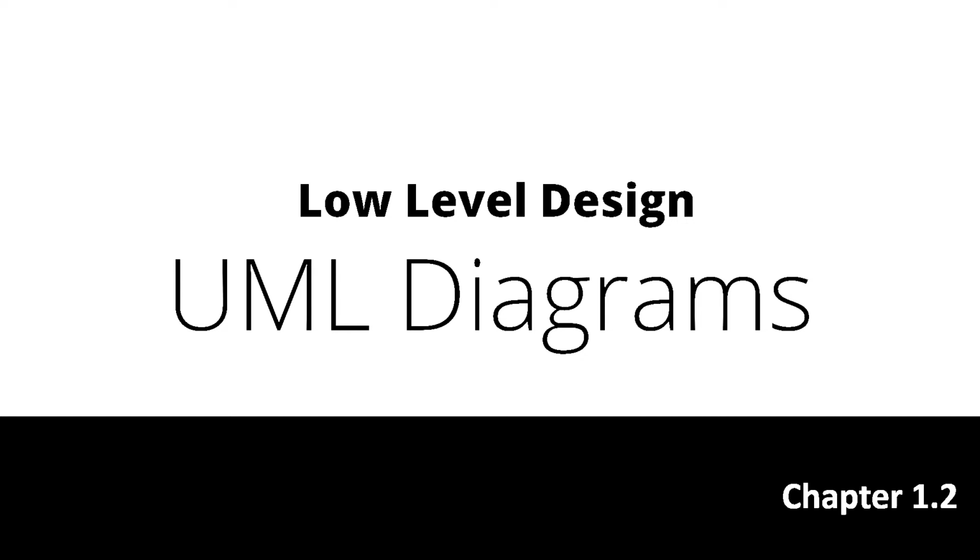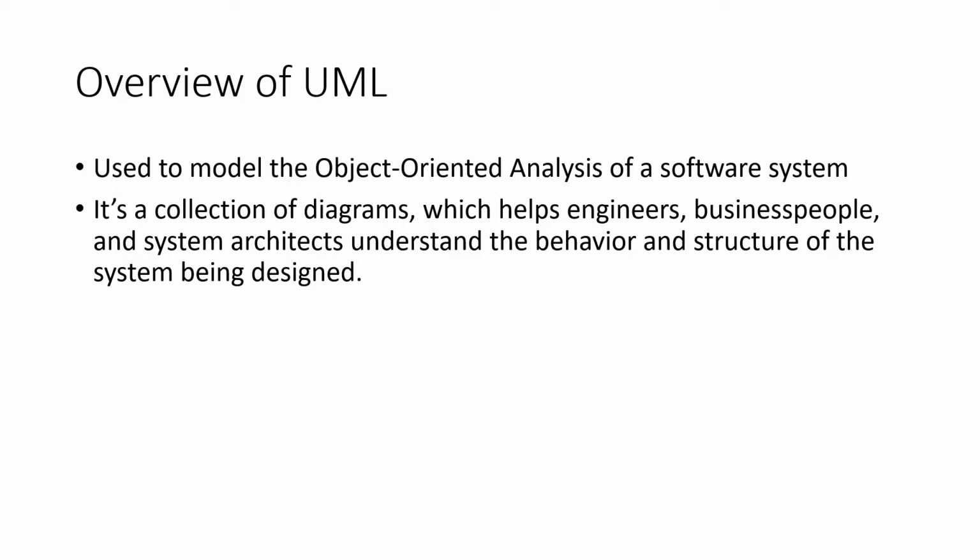Now let's get started. So UML diagrams, as we know, are a set of graphical representations of your system or your component that are very helpful to model your system in an object-oriented analysis way.